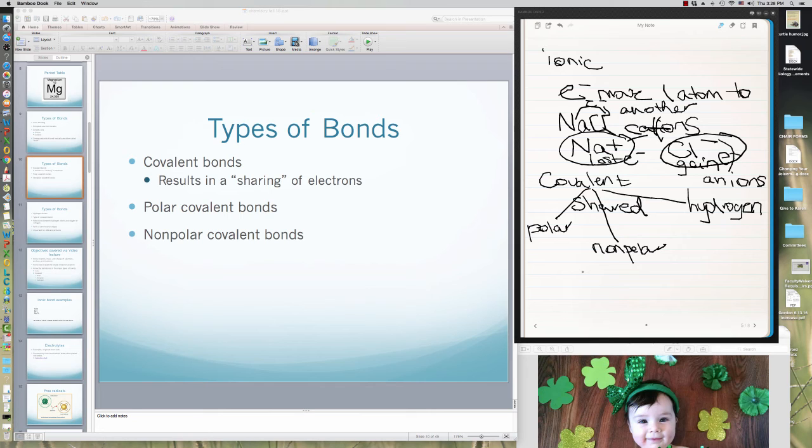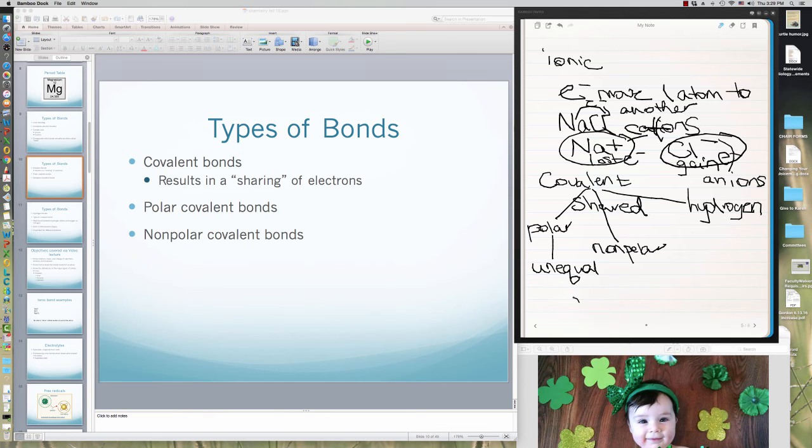That's unequal sharing. And when electrons are shared in the forming of a molecule, it happens the same. It can happen either way. And so polar bonds are unequal sharing. When they're sharing the electrons, one portion of that molecule tends to keep the electrons more frequently.